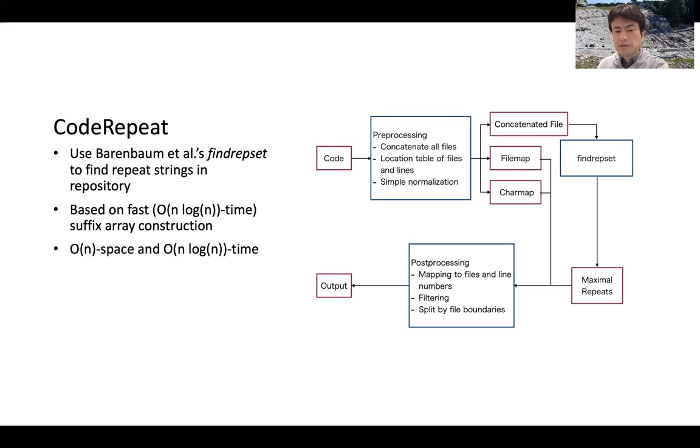In the post-processing phase, we generate the mapping of the repeat strings to files and lines, do some filtering, and split each repeat string by file boundaries. Then we get output in JSON format.